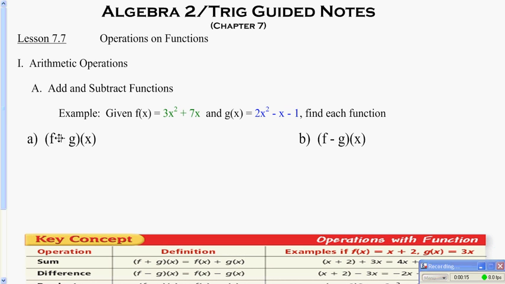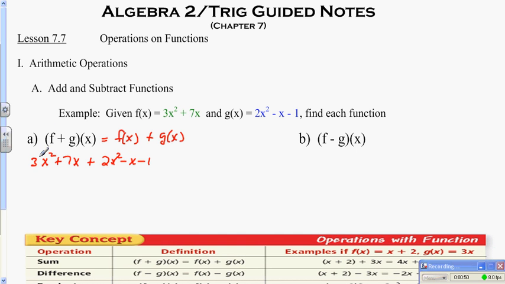The function f plus g of x represents the request to take the function f of x and add it to the function g of x. So if we took f of x, 3x squared plus 7x, and added it to g of x, which is 2x squared minus x minus 1, we see that we have an expression that we've handled in the past.